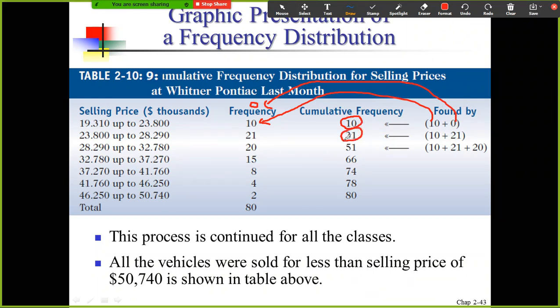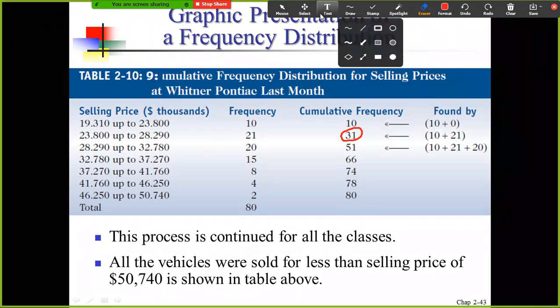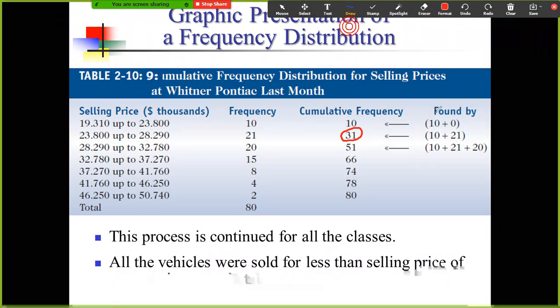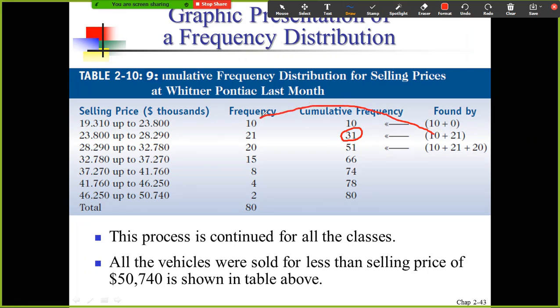How to find 31? 31 comes from 10, the frequency of the first class, plus 21, the frequency of the second class.